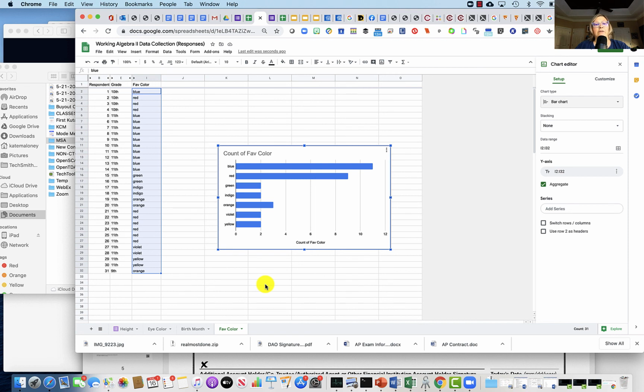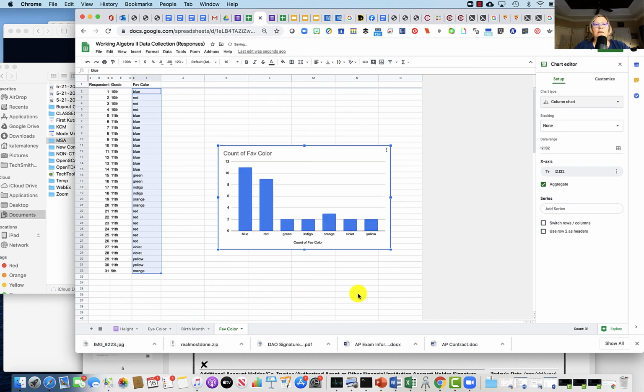And I used the colors in the rainbow, Roy G. Biv. So that's red, orange, yellow, green, blue, indigo, and violet. So the colors in the spectrum. Look at it either vertically or horizontally. I think it might be interesting to look at it by grade and which color they like.